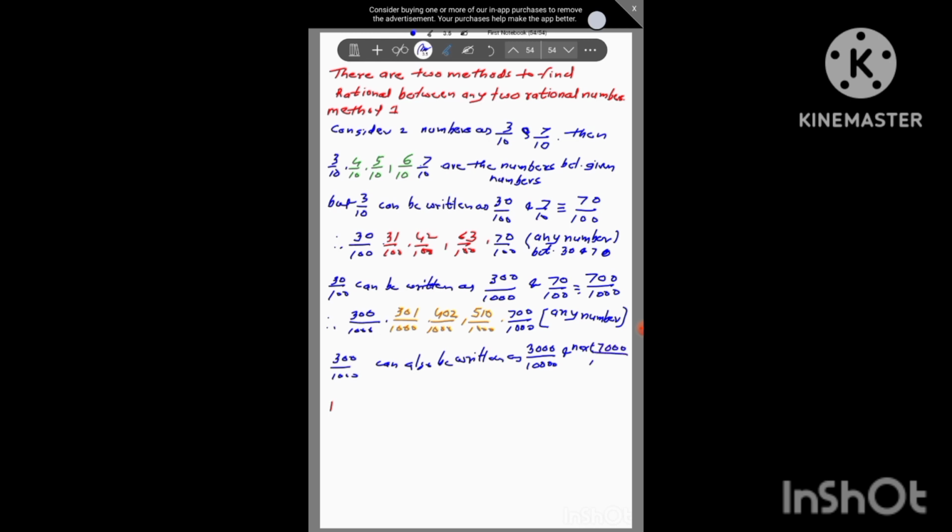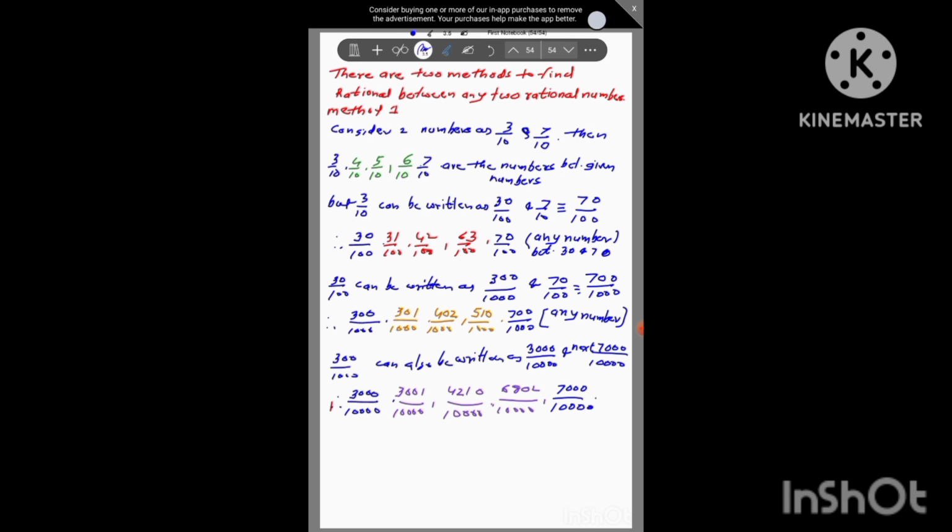Now try to find the numbers between 3000 and 7000, as many numbers as you want, divided by 10,000, and all these numbers will be rational numbers between 3 upon 10 and 7 upon 10. Remember, we are looking for only rational numbers. There is a different method for getting irrational numbers. We are going to see that again here after some examples.